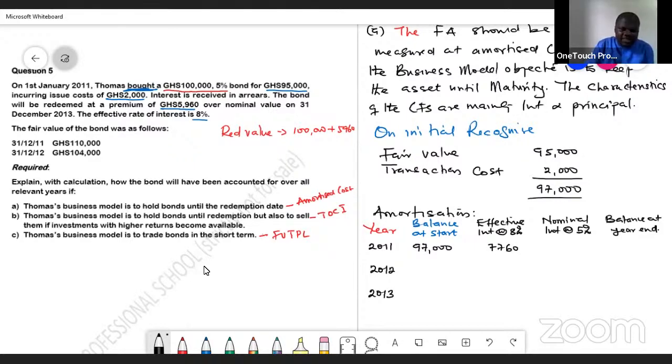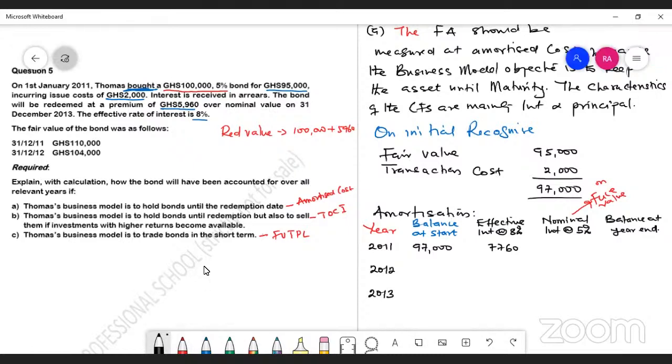And then 5% of the face value. The nominal is always on the face value. So that is 5% of 100,000. The face value is 100,000, and then they give a discount of 5,000.